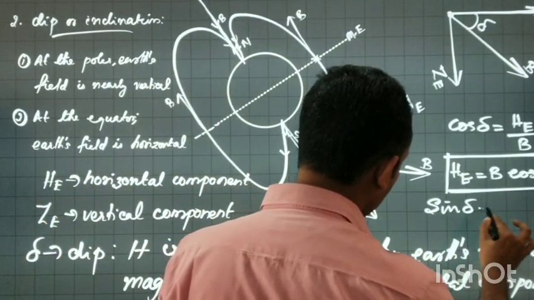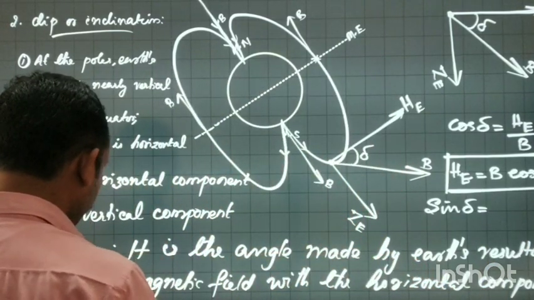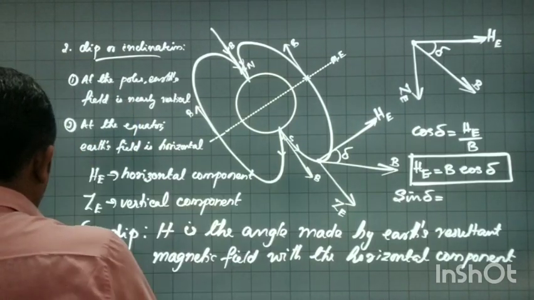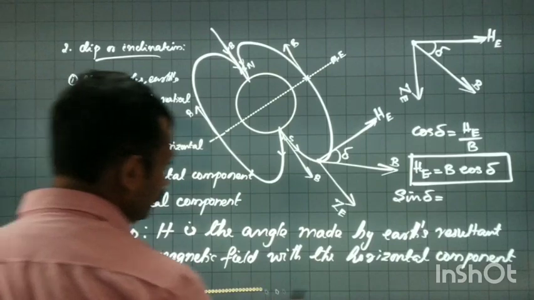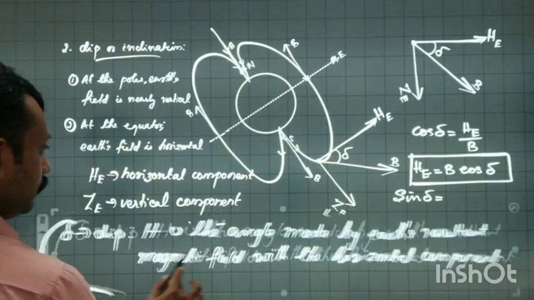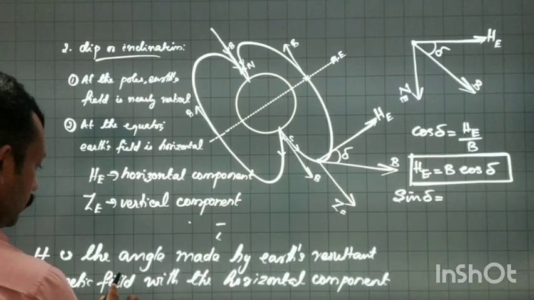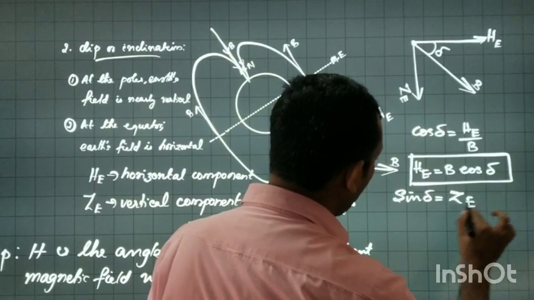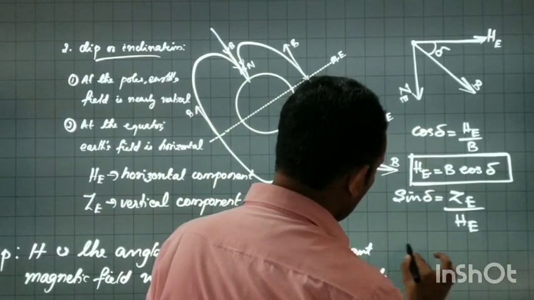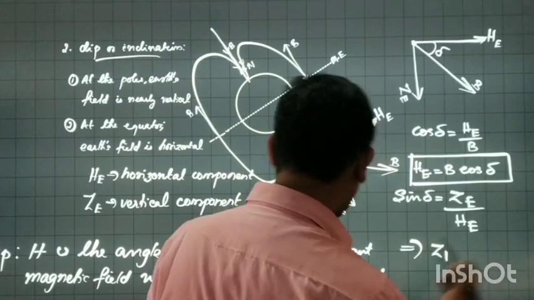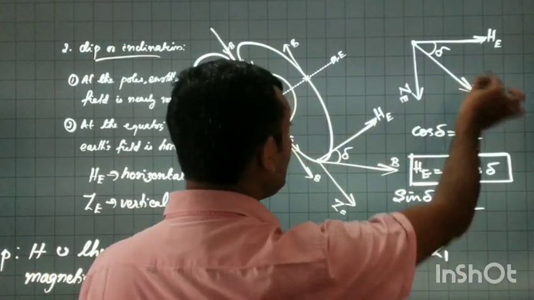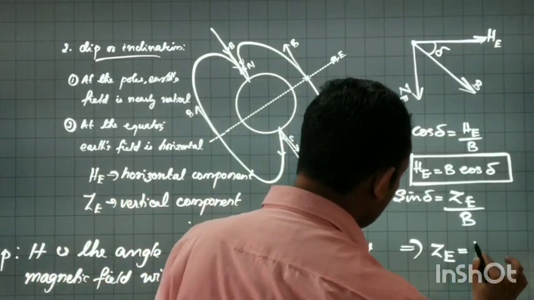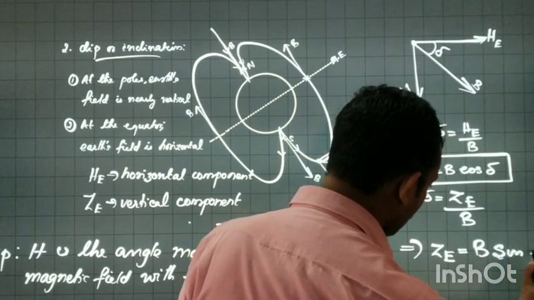Sin delta is equal to ZE divided by B, which means ZE is equal to B sin delta.